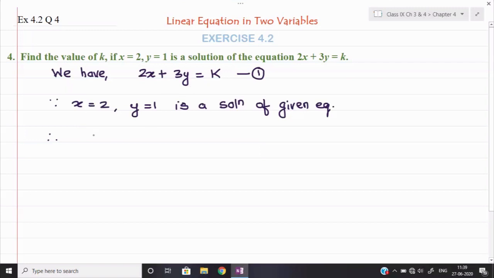So 2 into the value of x, which is 2, plus 3 into the value of y, which is 1, is equal to k.